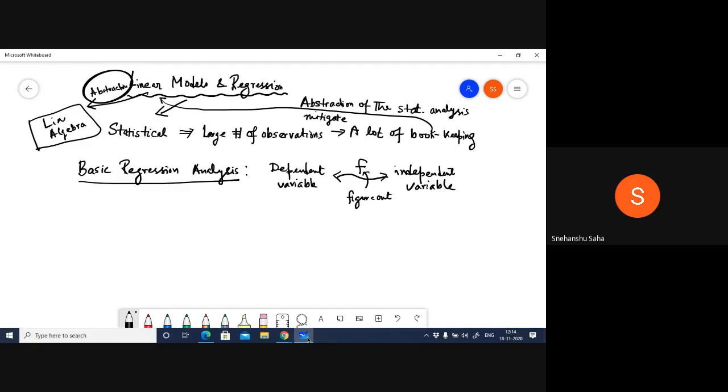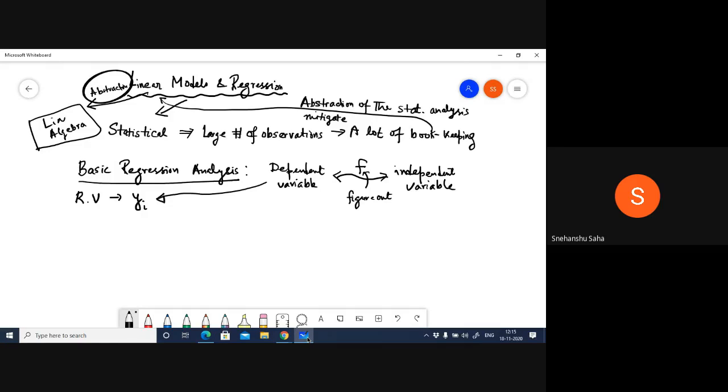Let's say the outcome of any process is denoted by a random variable. Let's call it yi, for the ith observation, and this is what we call the dependent variable.